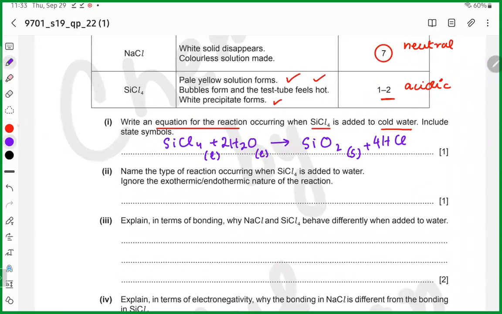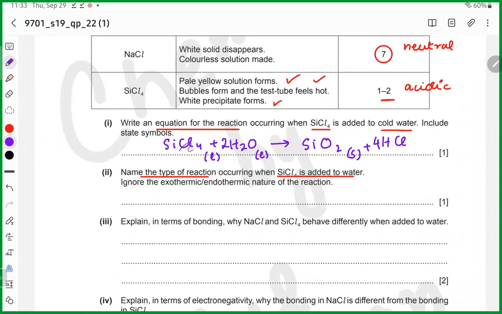Name the type of reaction occurring when SiCl4 is added to water. Ignore the exothermic or endothermic nature of the reaction. So they ask you the type of reaction, excluding exothermic and endothermic. See, when we add water, the silicon chloride is broken down into silicon and chlorine parts, which then react with the water and hydrogen.